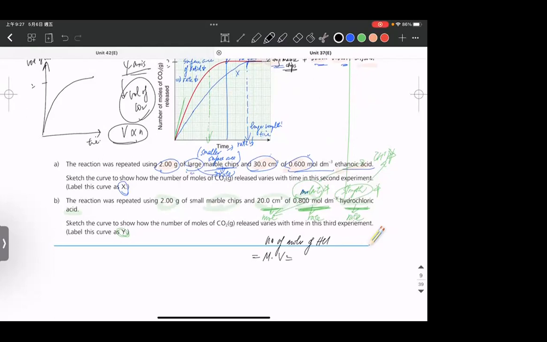So what is the answer? 0.0160 mole. So the calculation should be like this. You may get 0.0160 mole.